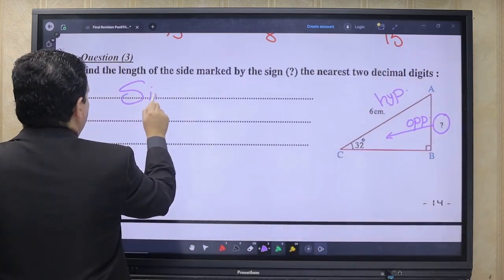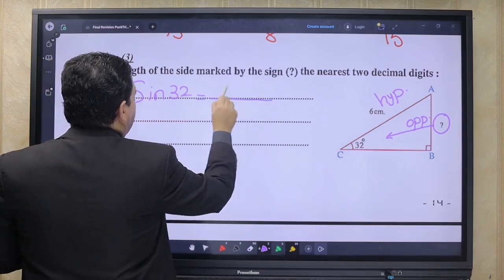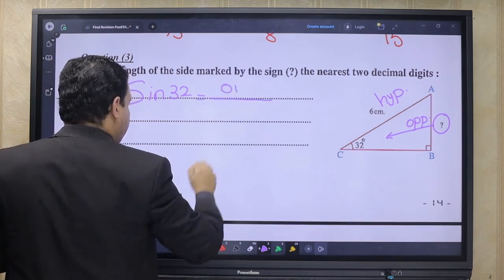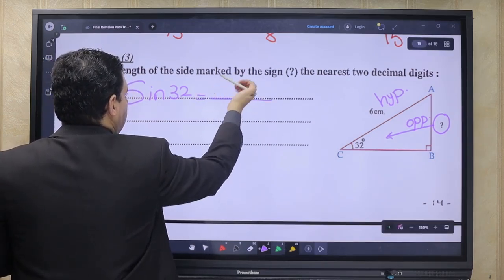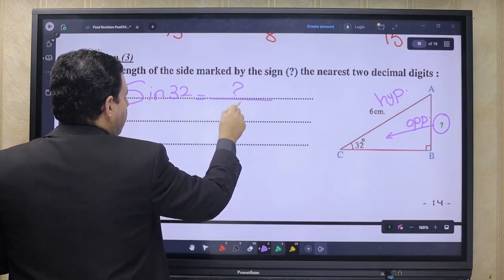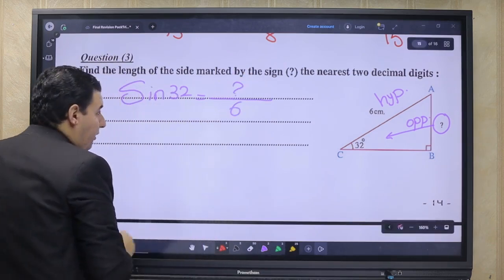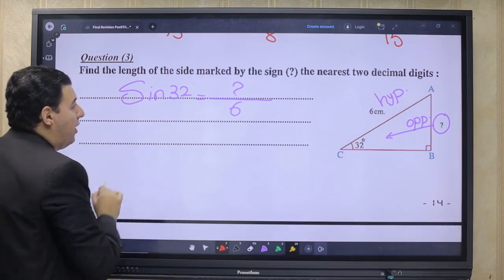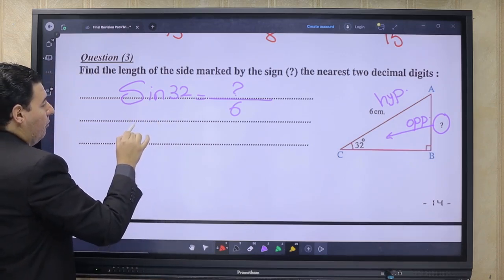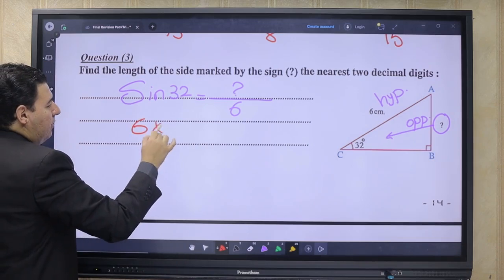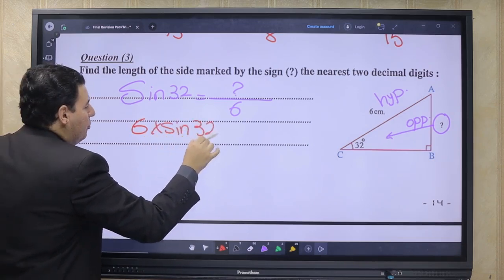So sine 32 equals opposite, which is the question mark, over hypotenuse equals 6. How can we find the question mark? We move the 6 to the other side with times. So it will be 6 times sine 32.